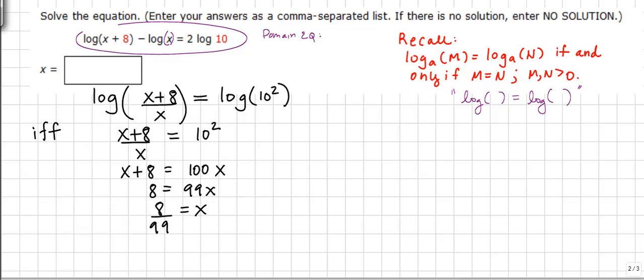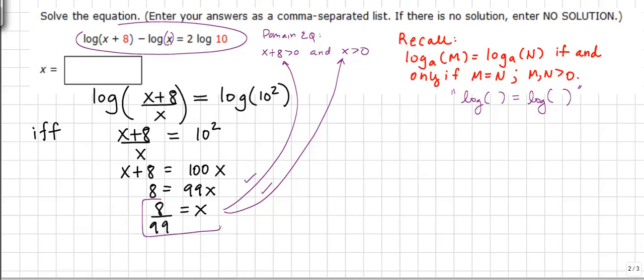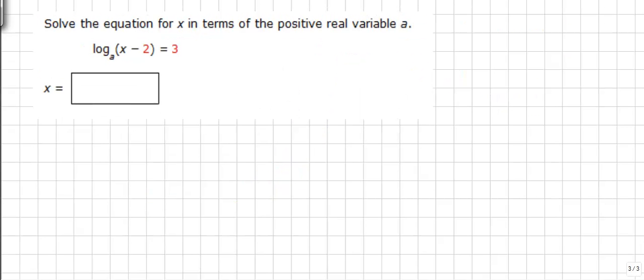So the domain of our equation is that the argument x plus 8 has to be positive, and the individual argument x has to be positive. Okay, well, certainly 8 over 99 is positive, and certainly if I add 8 to it, it's positive, so it's check and check, and this is my solution.